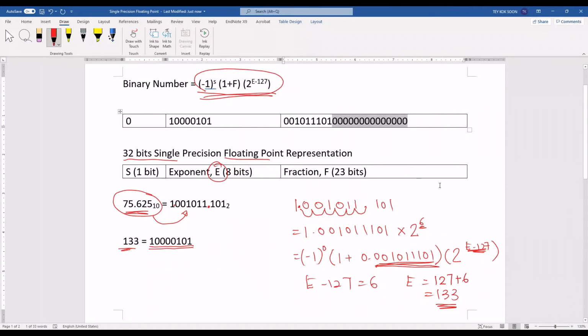Okay. So someone may ask why we need to subtract 127 in this exponent. It is to leave space for you to represent small numbers. Let's say you want to represent 0.625. If you convert it to binary, it should be equal to 0.101 in binary.